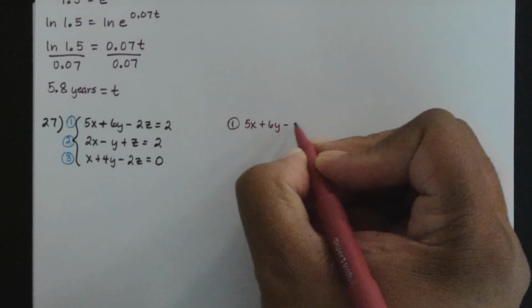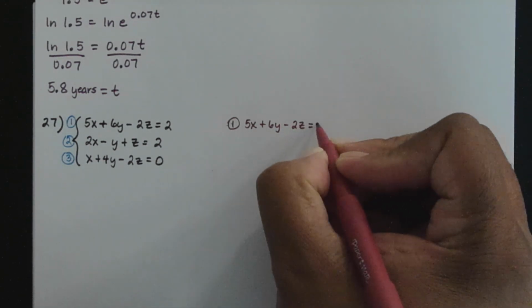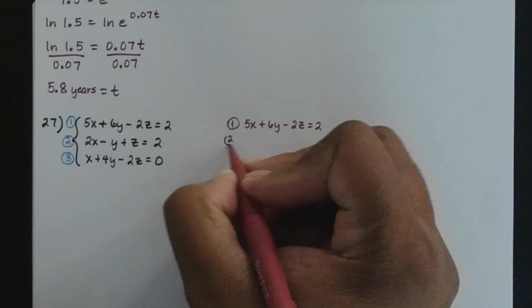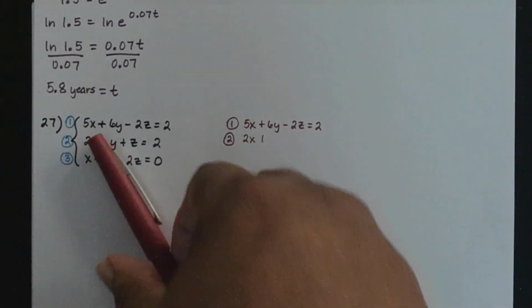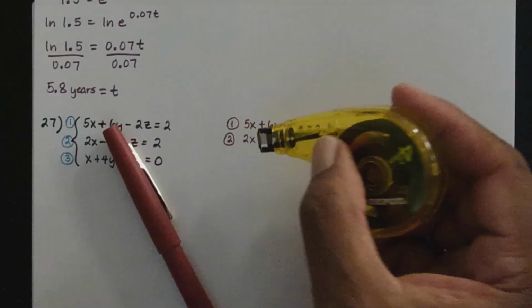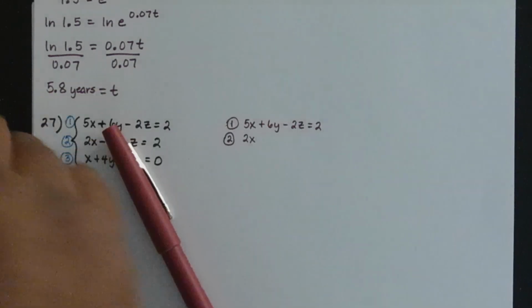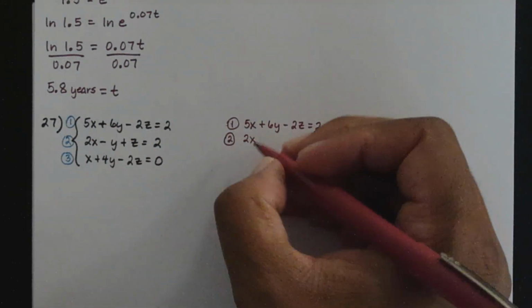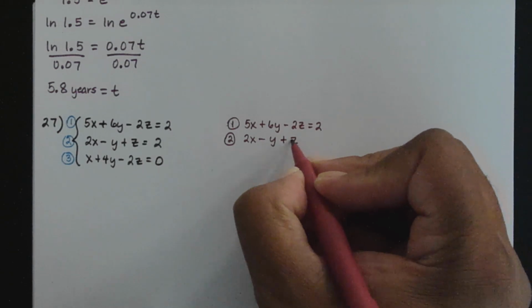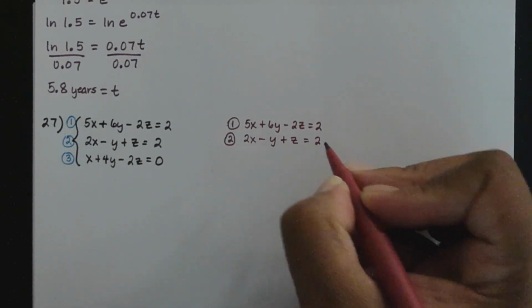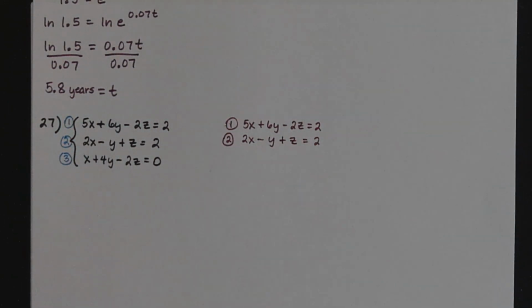5x plus 6y minus 2z is equal to 2. Equation 2 is 2x minus y plus z is equal to 2. Let's see here. I could eliminate either the x or the y or the z.